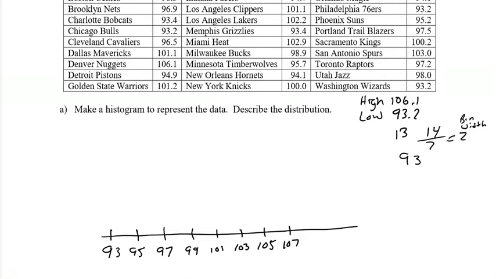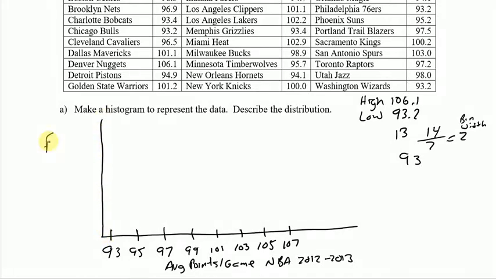So now all we have to do, this is the average points per game, NBA 2012-2013. And over here we're going to have the frequency. How many times does each one of these come up? Okay. So let's start with the 93s.